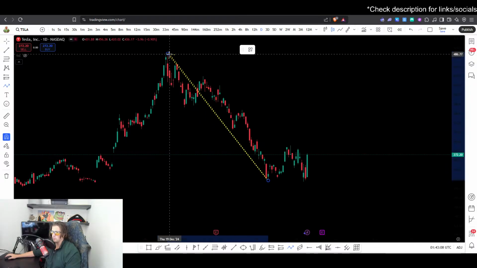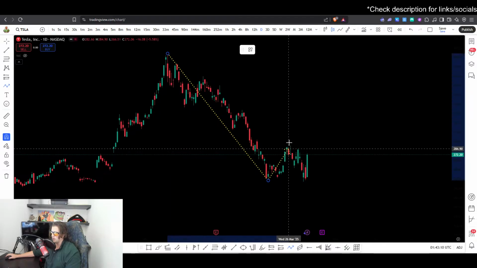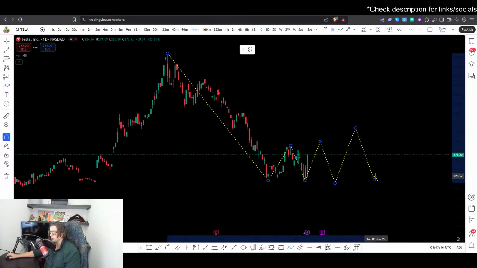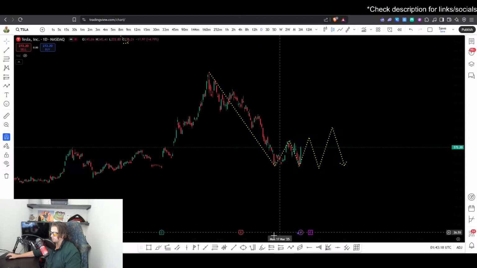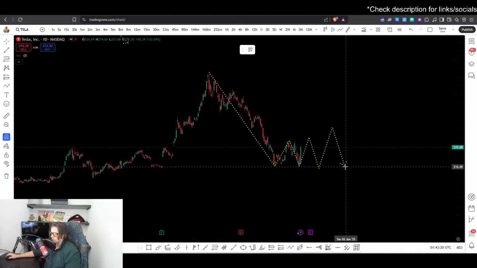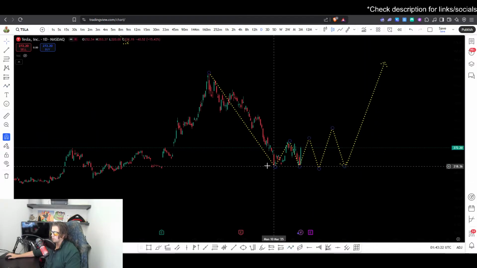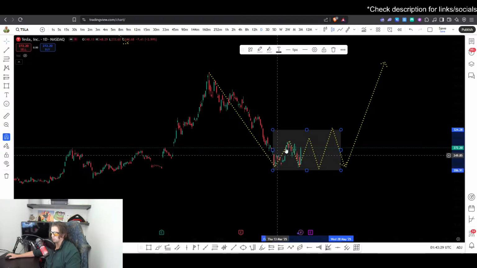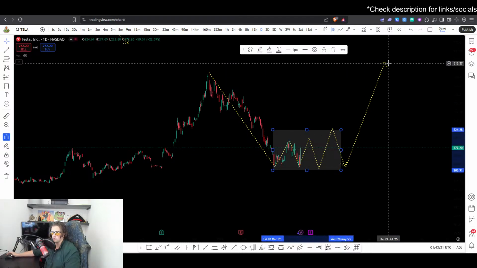If it's made a big move down, a lot of times it might actually enter into a ranging environment. So we could start having some sort of range here. Now, if it were to do that and then go back up, then this would be our range, and this would be our range. This would be our bearish trend, and then if it comes back up, that would start our bullish trend.